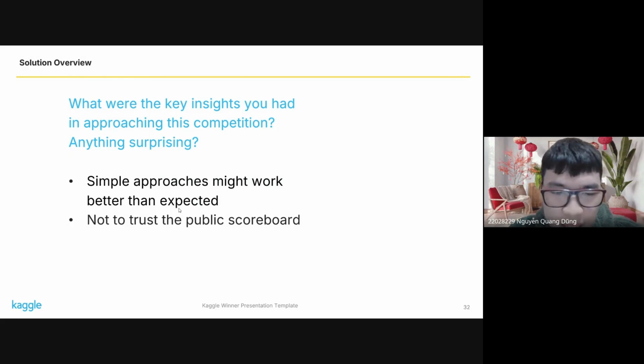Yet we still managed to achieve a good result. Another important lesson was not to trust the public scoreboard too much. This competition highlighted this lesson as everyone's position on the public leaderboard changed significantly on the private test set.